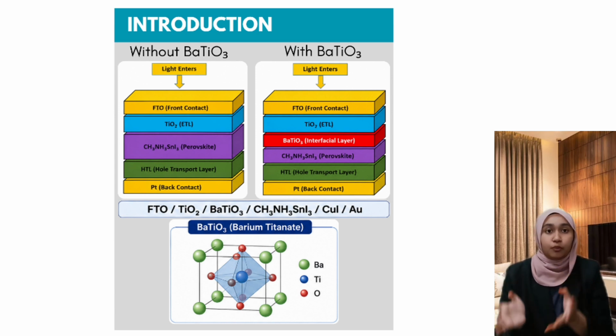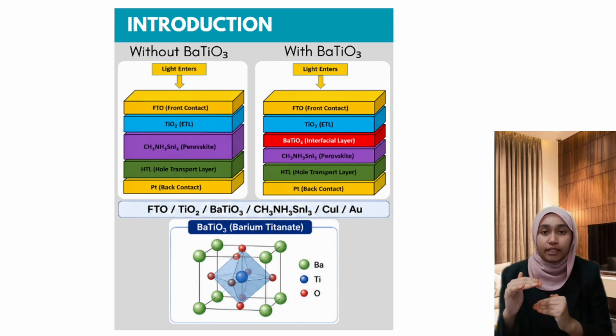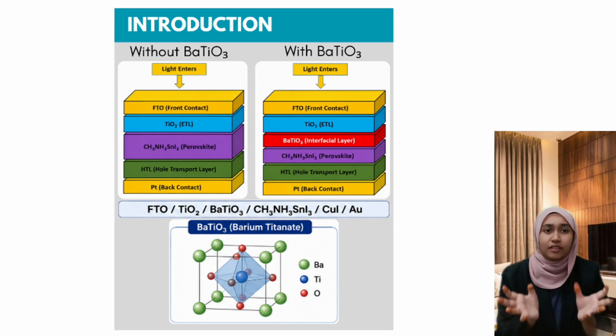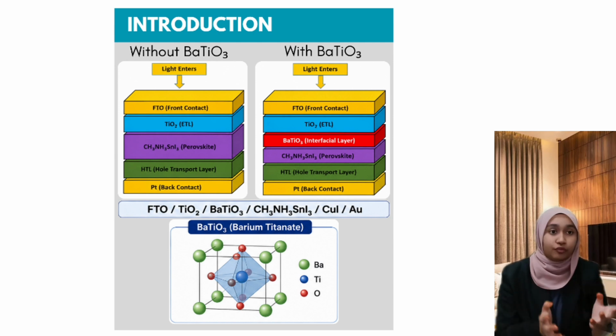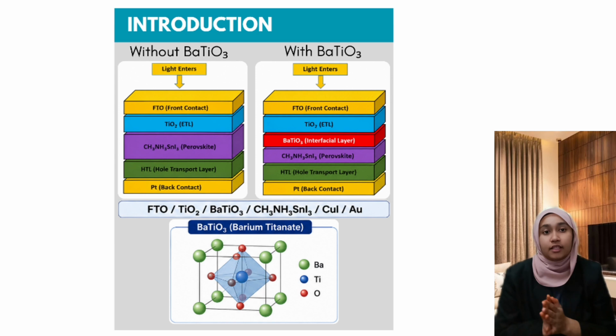In the proposed structure, a barium titanate interfacial layer is inserted between the titanium dioxide layer and the tin-based perovskite absorber layer. The purpose of this modification is to improve the carrier transport while reducing the recombination losses.